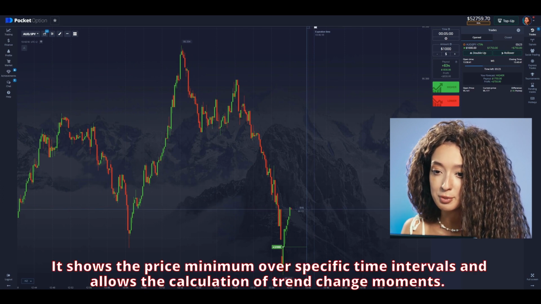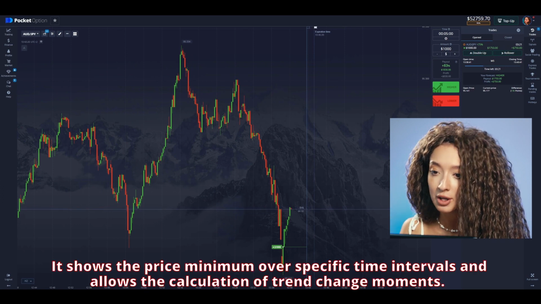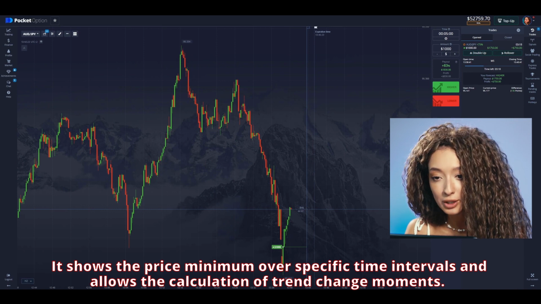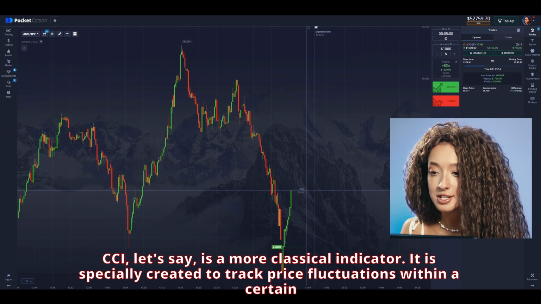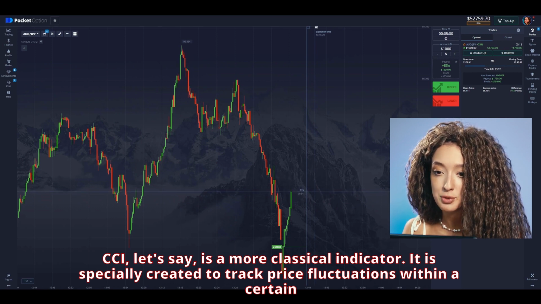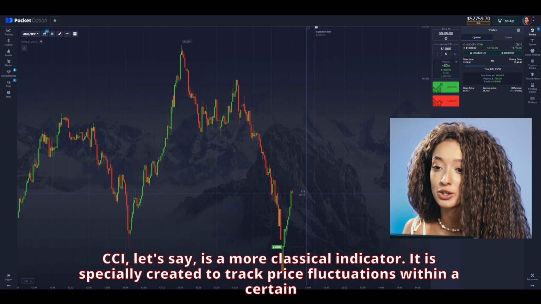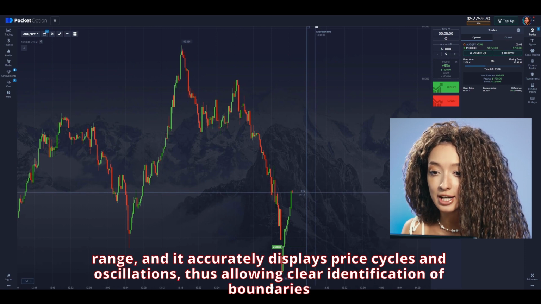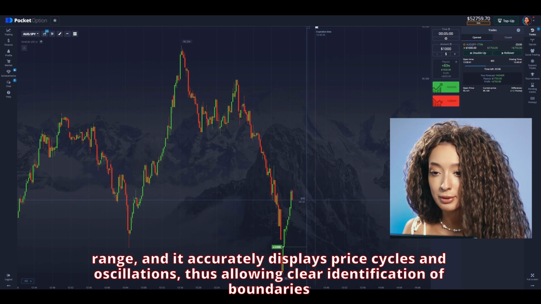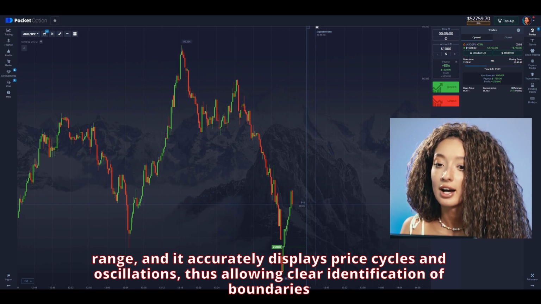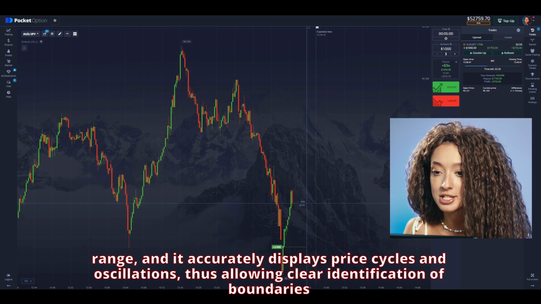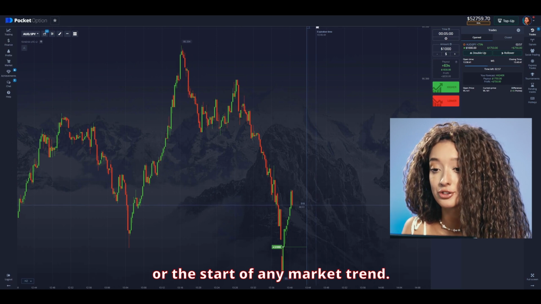It shows the price minimum over specific time intervals and allows the calculation of trend change moments. CCI is a more classical indicator. It is especially created to track price fluctuation within a certain range, and it accurately displays price cycles and oscillations to allow clear identification of boundaries at the start of any market trend.